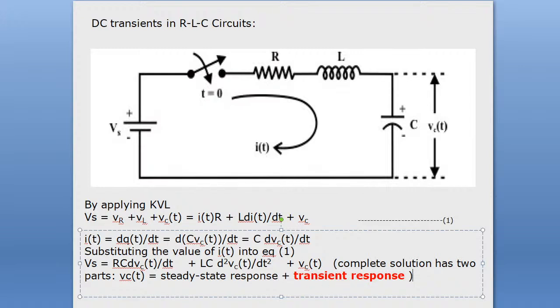To calculate the transient response of a circuit, first we will convert the non-homogeneous equation into a homogeneous equation by making the supply voltage equal to 0. Let me write this point.